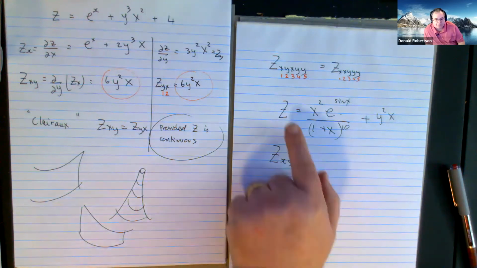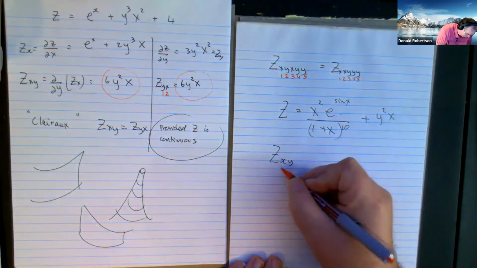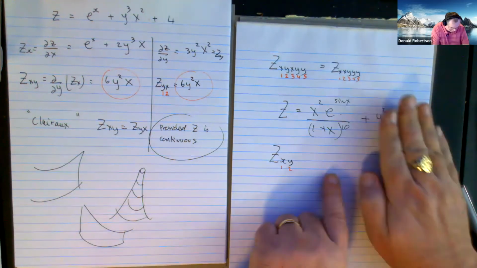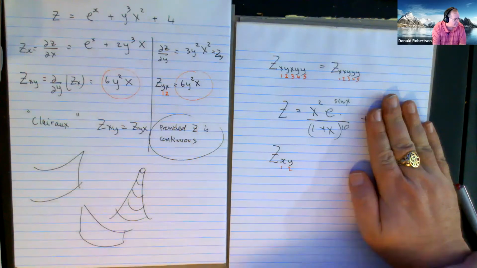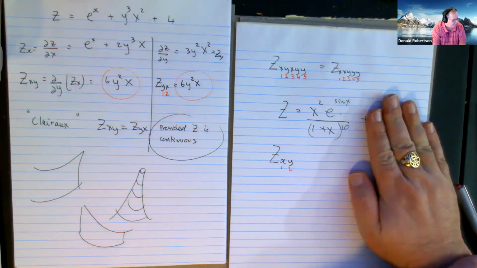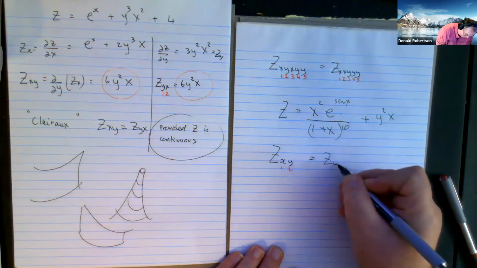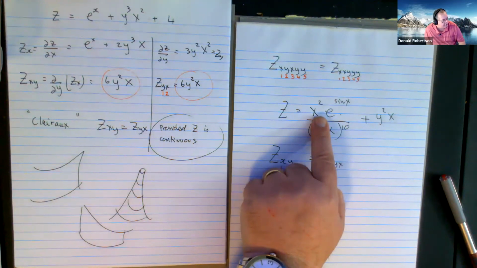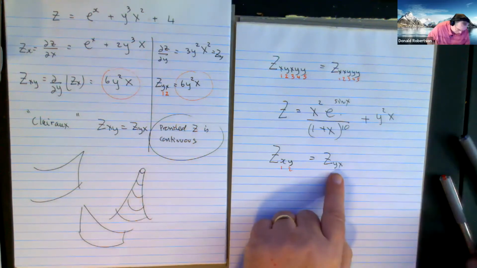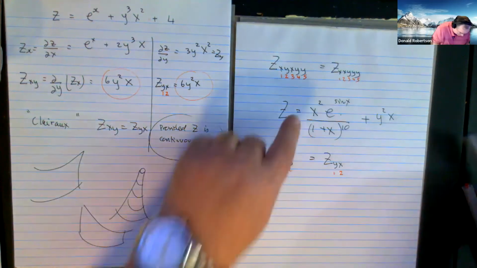Now, if I did it in this order, wouldn't I have to do the x's first? Would you agree doing the x's here would be an absolutely horrendous amount of work? On the other hand, since it's equal to this guy, wouldn't that be relatively easy to do? Because I would do the y first and then I'd do the x. Well, I should be able to do that.